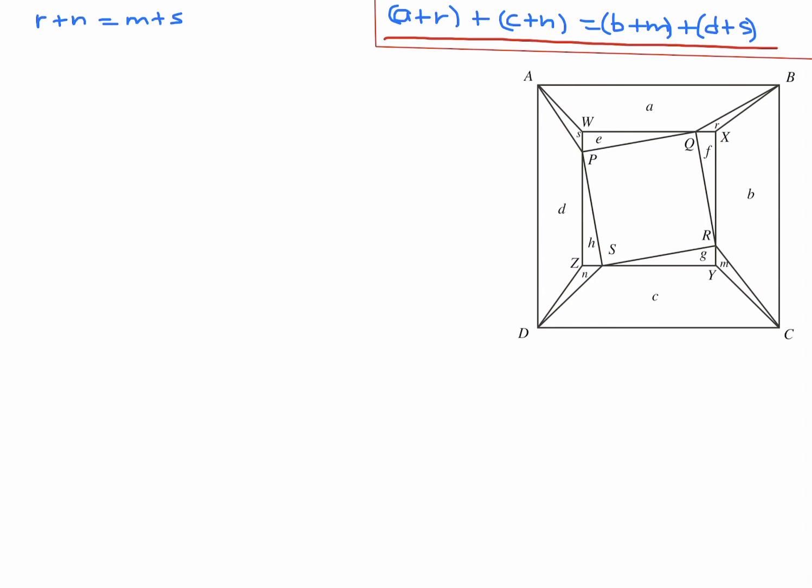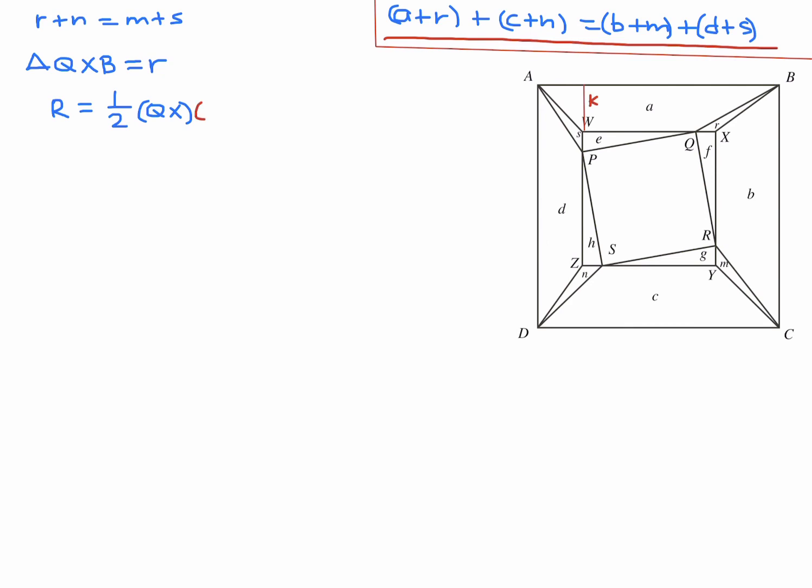All right, so how are we going to do that? We're going to concentrate first on r, which is this guy right here. It's basically triangle QXB, that small guy, and that's r. Well, r, if we use the area of a triangle, is 1/2 base times height. Base is QX. And height, if you remember, we had drawn a height top to bottom like that, and we had labeled that as k.